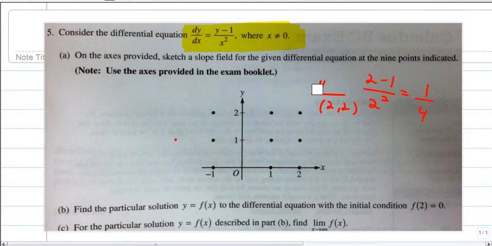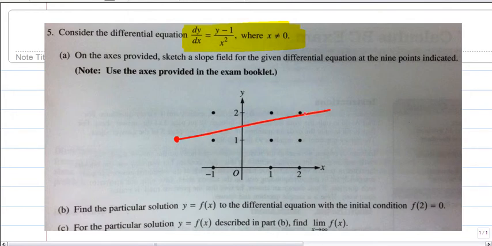If I were going to connect those points with a line, because I always struggle with how steep to make it, imagine connecting this point and this point with a line. The slope of that line is the slope you need going through this point.